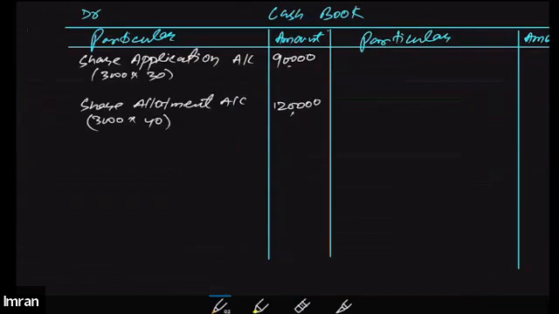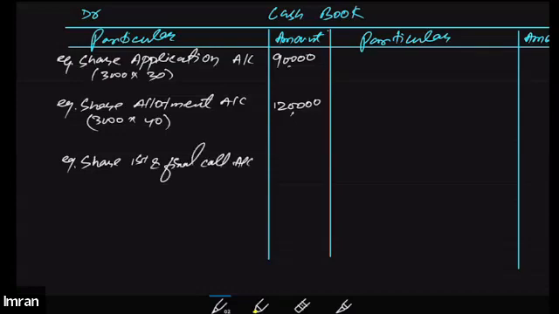The amount received against the share first and final call will be indicated in the cash book as equity share application, equity share allotment, and equity share first and final call account, 90,000. All right, understood. Is it clear, everyone?